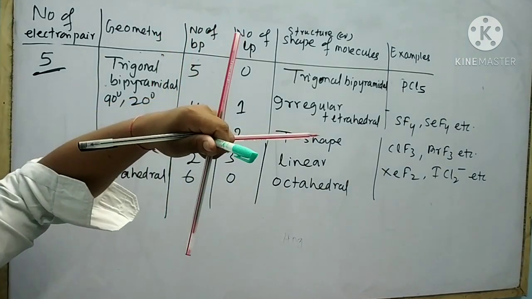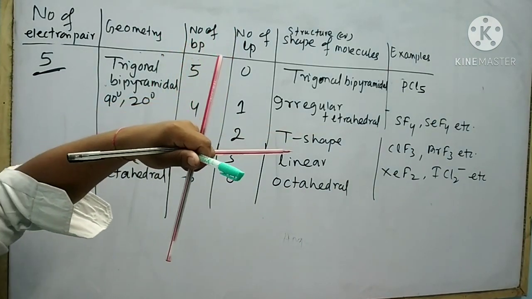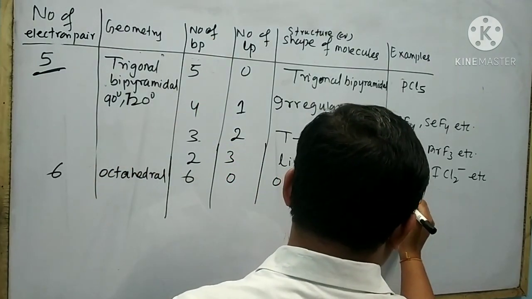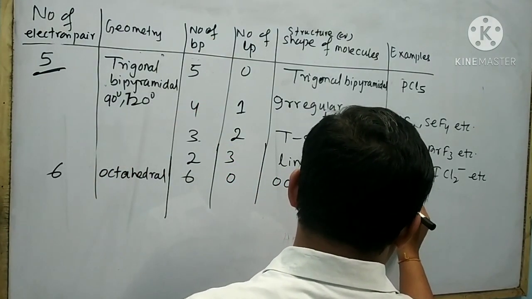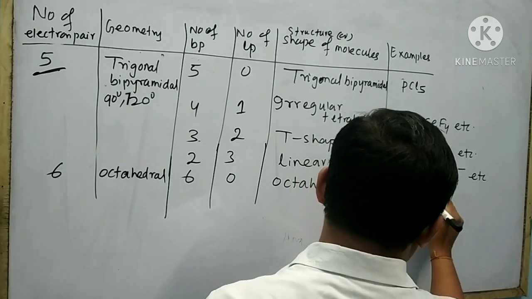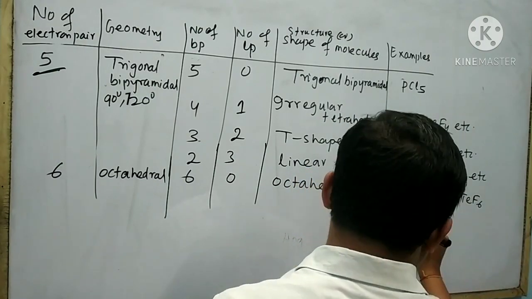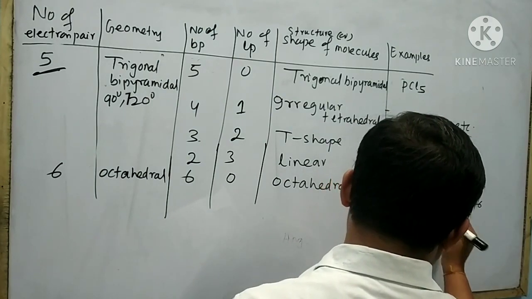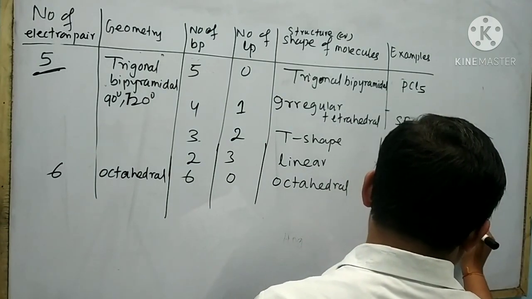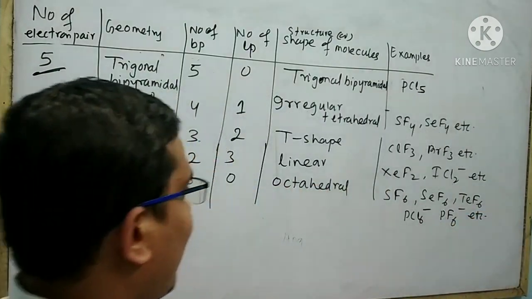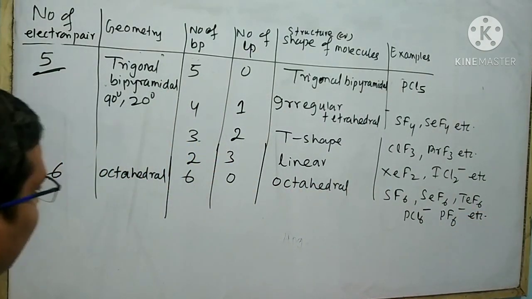So here the shape of the molecule is same with the geometry of the molecule. Example of octahedral molecule are SF6, SeF6, TeF6, PCl6-, PF6-. These are the example of octahedral shape.